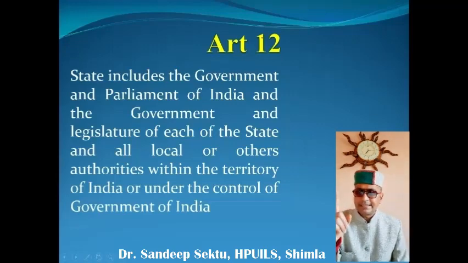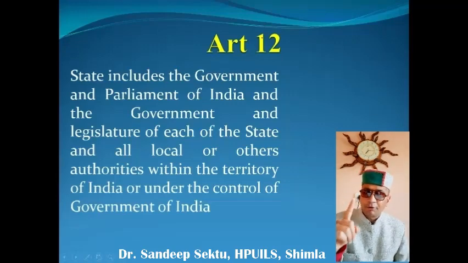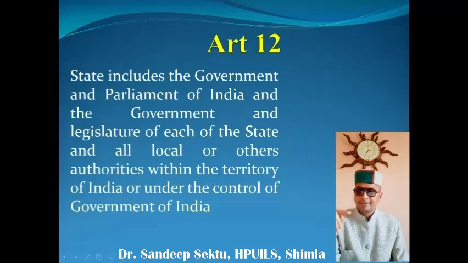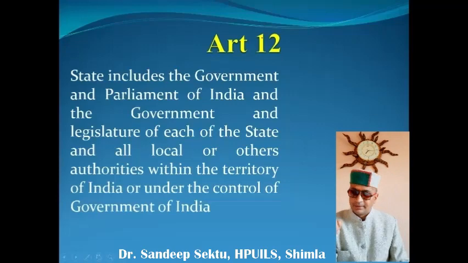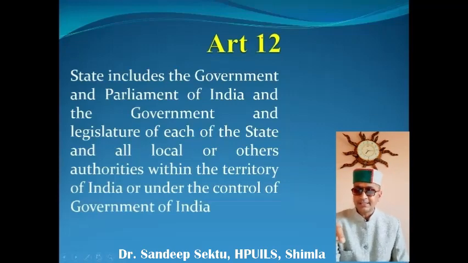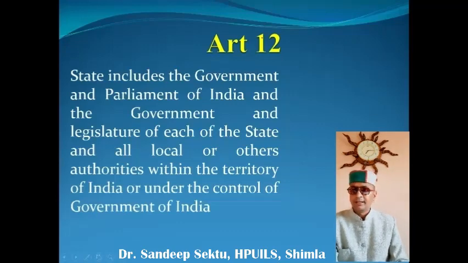First one, government and parliament of India is state. Then government and legislature of each of the states, this is also state. Besides this, coming to the lower level, all local or other authorities which are within the territory of India or under the control of government of India, they are also state.